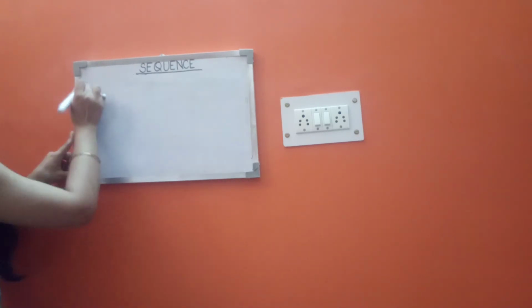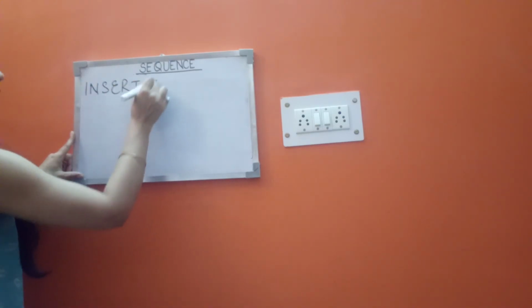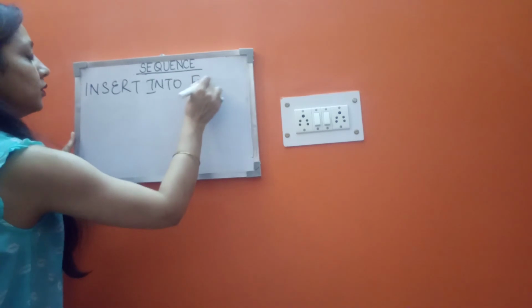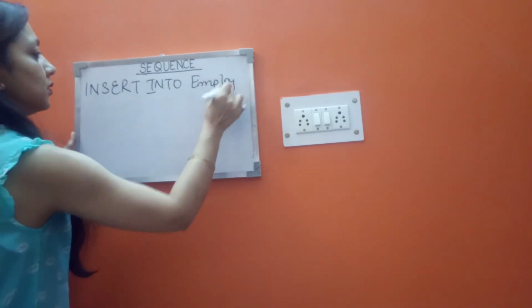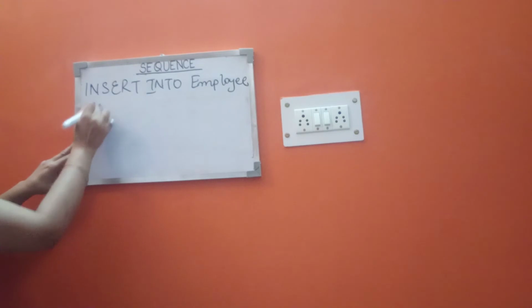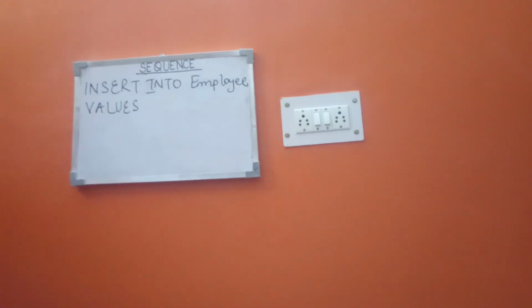I will say insert into employee. This is the name of the table. I say insert into employee the values. These are the values. What values do I want to insert in the employee?